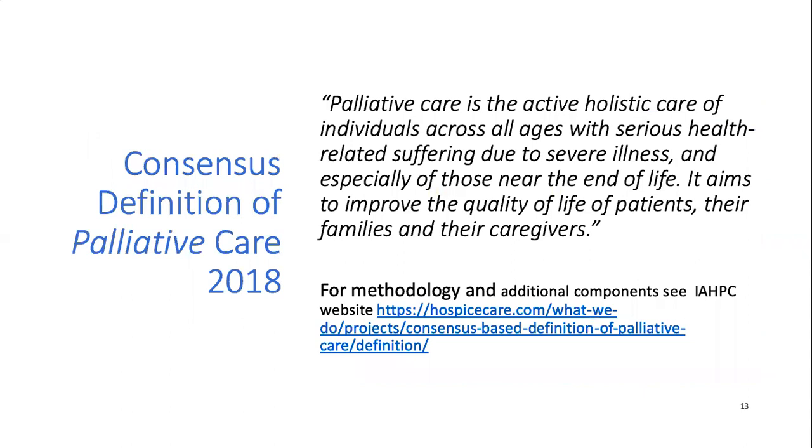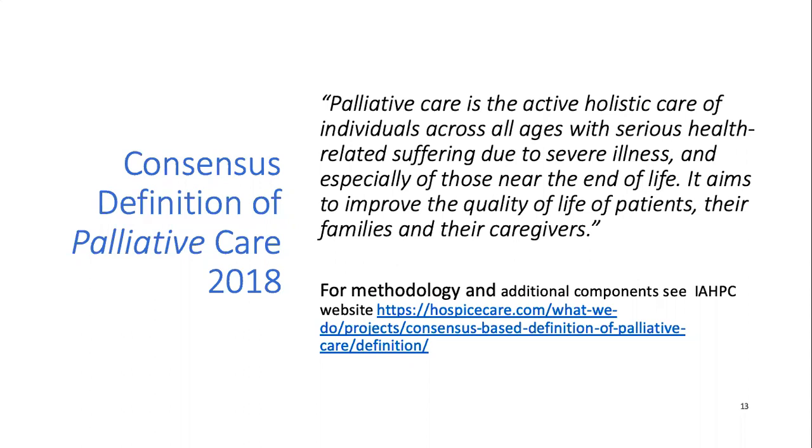So the next definition we're going to talk about briefly is the consensus definition of palliative care, which was developed by the IAHPC and more than 800 participants in 2018. Palliative care is the active, holistic care of individuals across all ages with serious health-related suffering due to severe illness, and especially of those near the end of life.